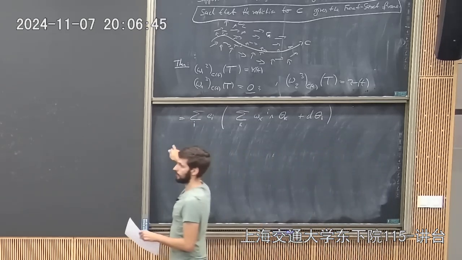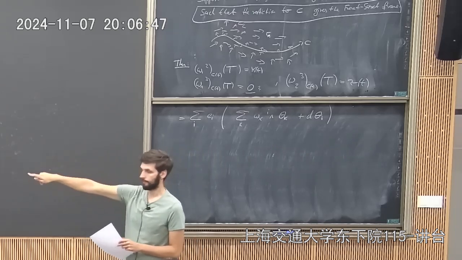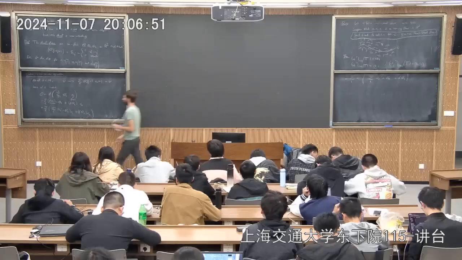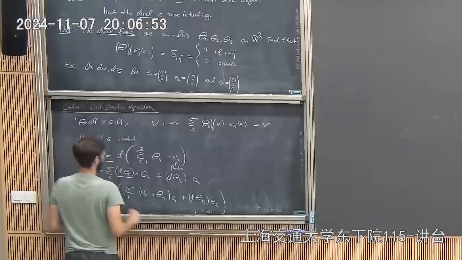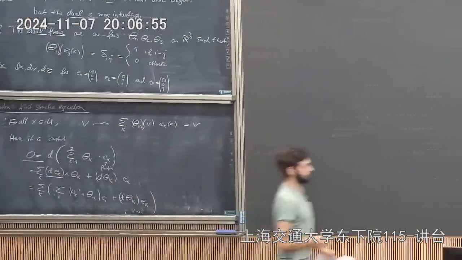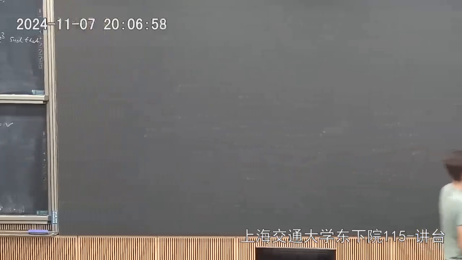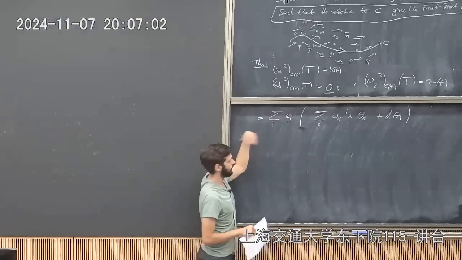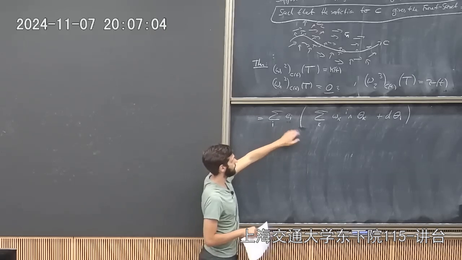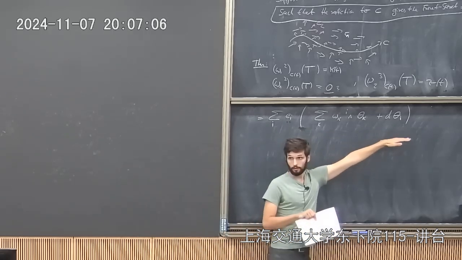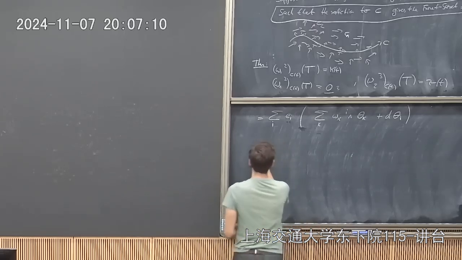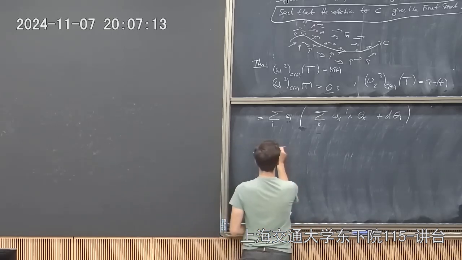And all of that was 0. That was the starting point. All of the things that we now derived was 0 because this function was constant and we took d of it. So e_i is a basis, and you remember that if you have a linear combination of a basis that gives 0, that means that the summands in the basis have to be 0. So what we end up with is the following equation.